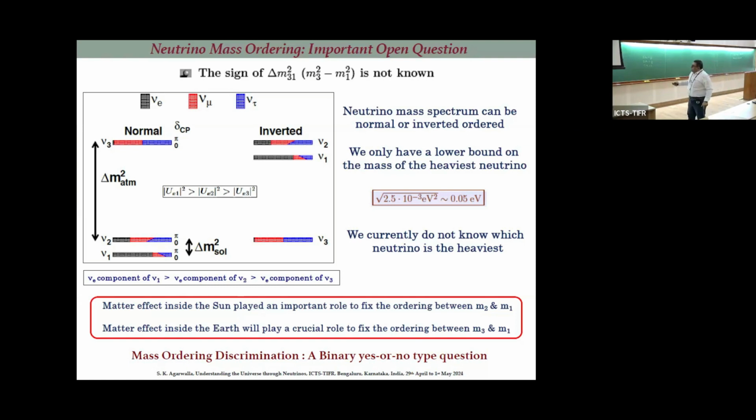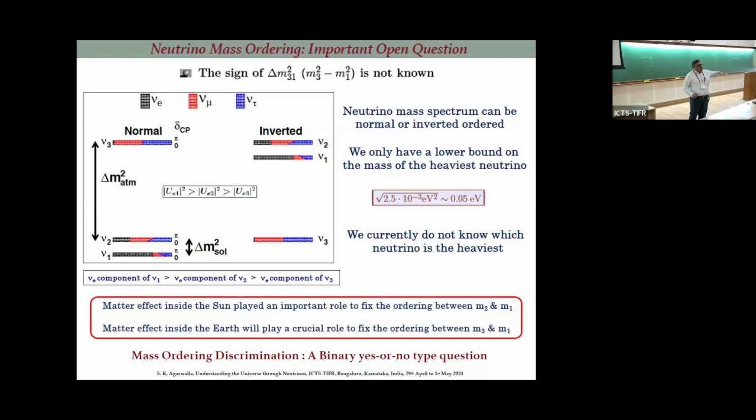Now, I believe that the matter effect inside the sun was crucial to fix the ordering between M2 and M1. Inspired by that, we believe that the matter effect inside the Earth will play an important role to fix the other ordering. Okay? There are other ways.